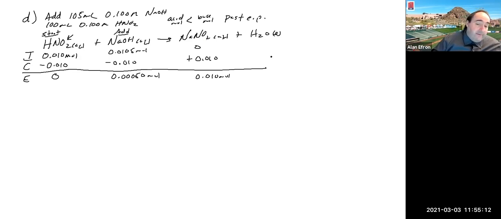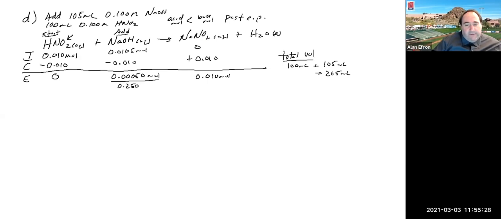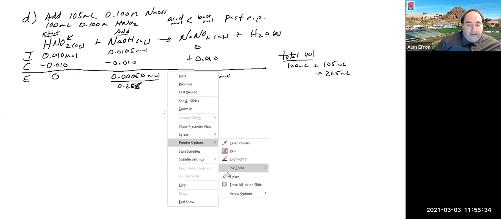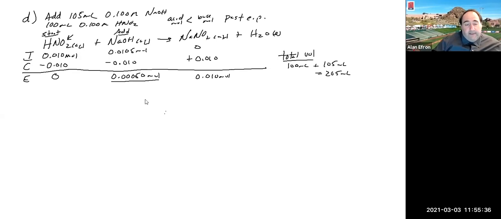At this point, in terms of our total volume, we started with 100 milliliters of acid. We added 105 milliliters of the base. That is 205 milliliters. And again, that is what we would use, 205, not 250, to convert it back to molarity here.